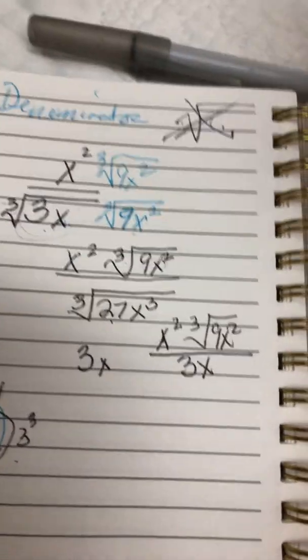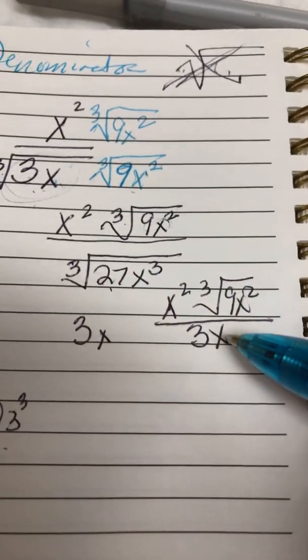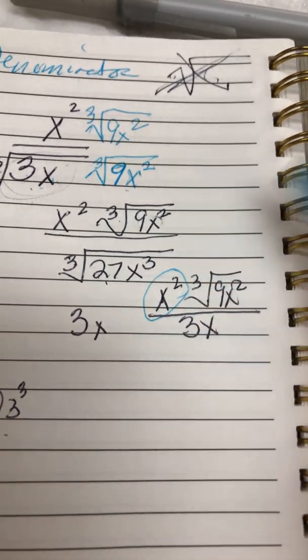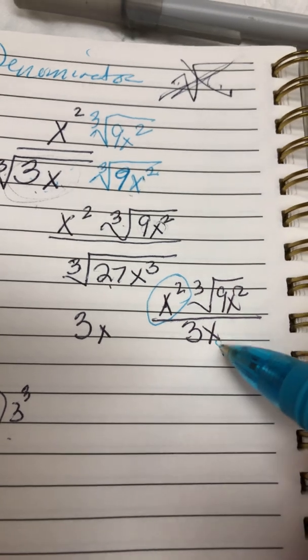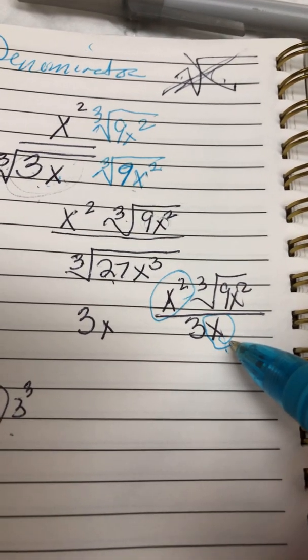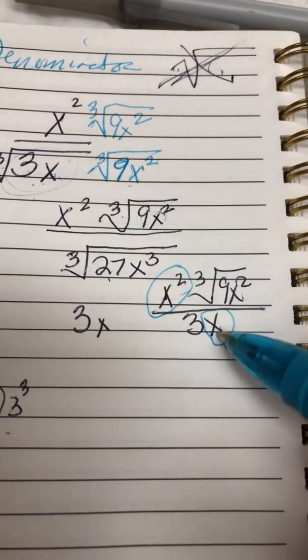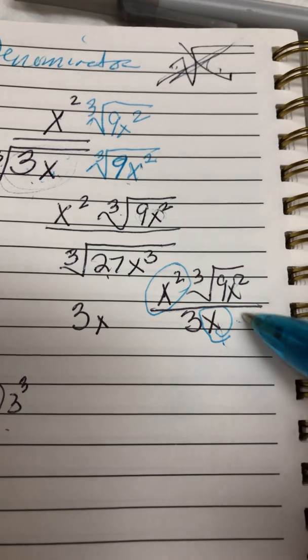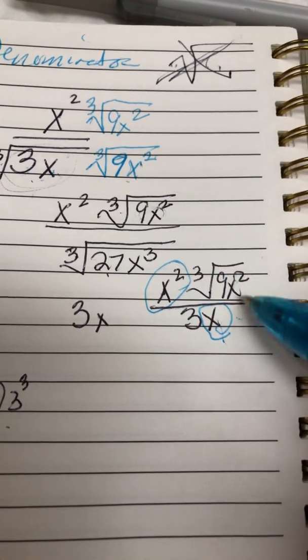And then in this case, I could reduce this. I have 2 x's here that are not in a radical, and I have an x here that's not in a radical. We can only reduce the x's if they're in the same situation. So if I had a cube root of x down here and I have cube root of x up there, that we could reduce.